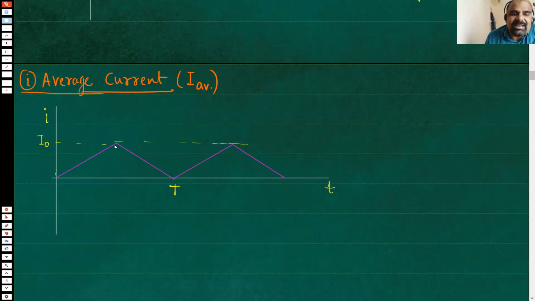Now what I'll do is I'll calculate the average for this interval only, for only T by 2, even though capital T is written here. Do you agree that whatever will be the average of this function during this interval, the same will be the average during each of the other intervals? Do you agree with that?